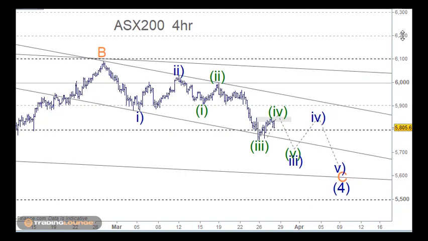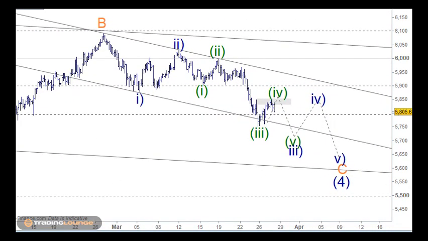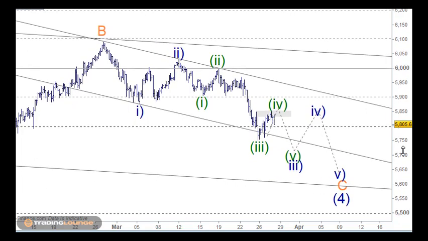This is the 4-hour chart, so wave 1 and 2 here, and we're getting this long third wave in here. Because the third wave has the extension in the 5-wave sequence, we could look at wave 1 here and wave 5 being much the same length.